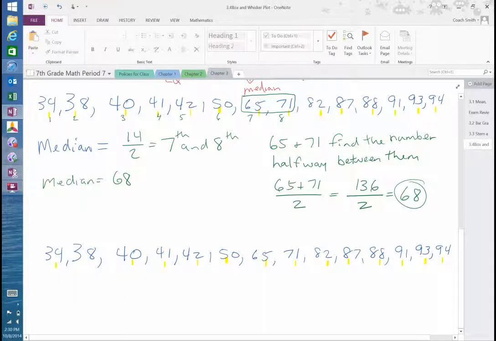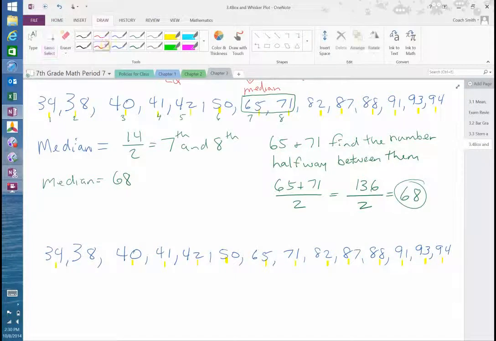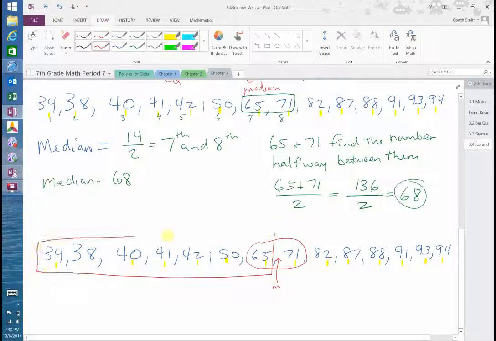The next step is to find the median of the lower half of numbers. Well, this right here is where we found the median. The median was right here. So the lower half of numbers then is this set of numbers. This is the lower half of numbers.